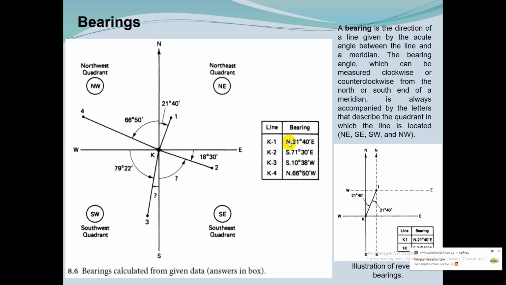So, the bearing angle for line K1 is 21 degrees 40 minutes east. K2: south 71 degrees 30 minutes east.